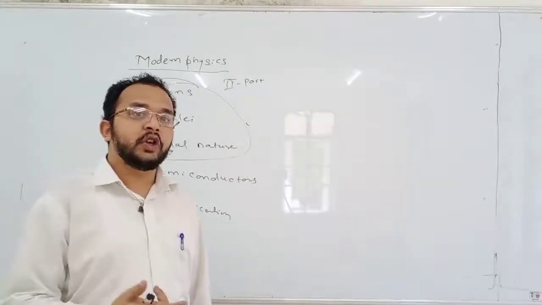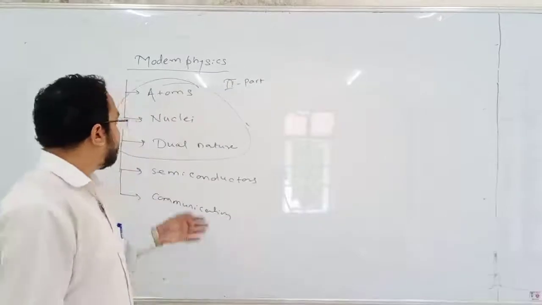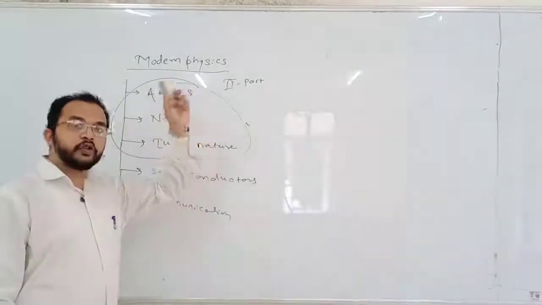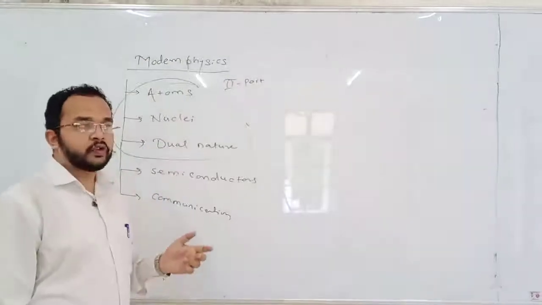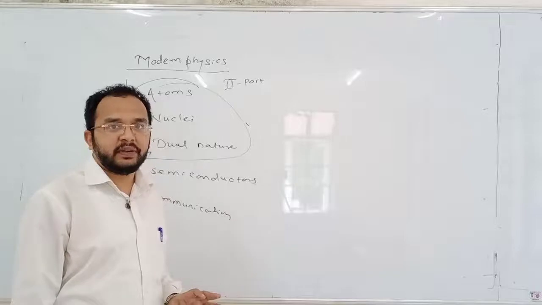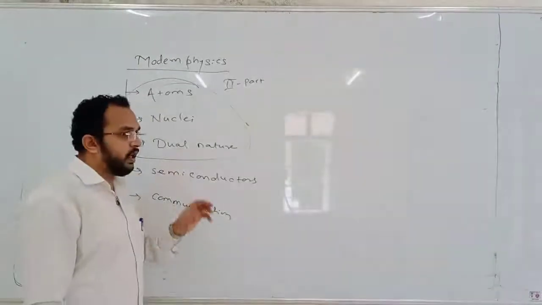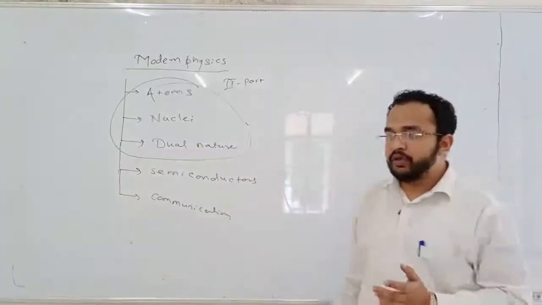That we are studying as first order reaction, second order reaction, third order reaction, chemical kinetics. So this chapter atoms belongs to structure of atom in 11th class chemistry, and nuclei belongs to chemical kinetics of 12th chemistry. And dual nature, like a few days before, me and Rao sir were discussing on the group about photon.